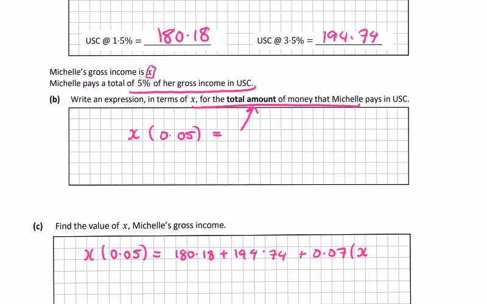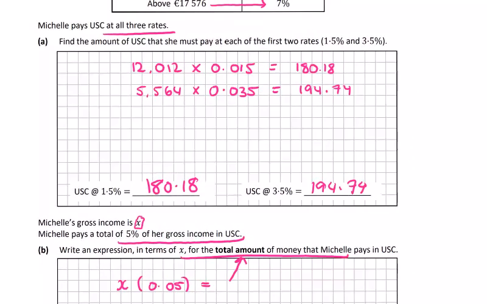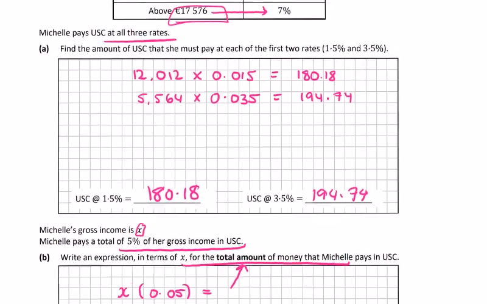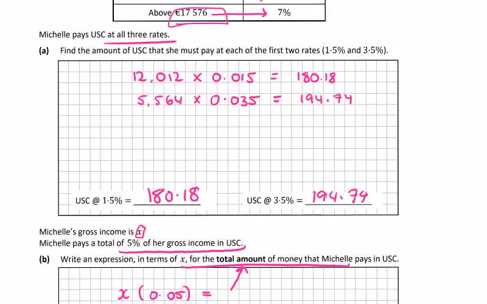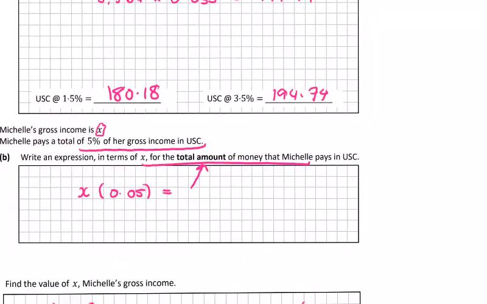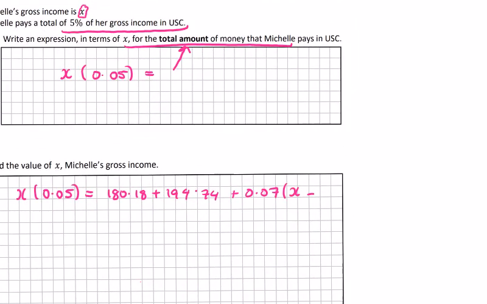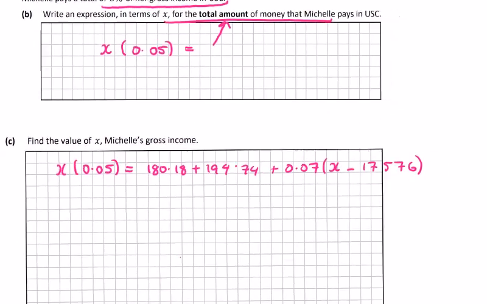So say she earns, looking at these numbers, like 20,000, it'll be the difference between 20,000 and 17,576. So it will be x minus 17,576 that she pays at the higher rate. So this is the algebraic expression we need to solve.